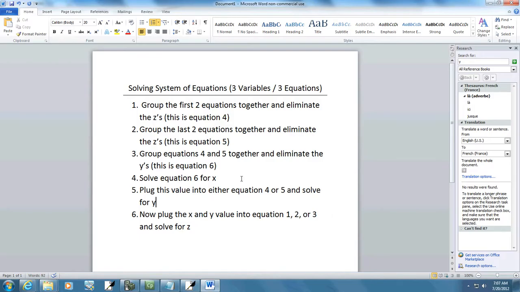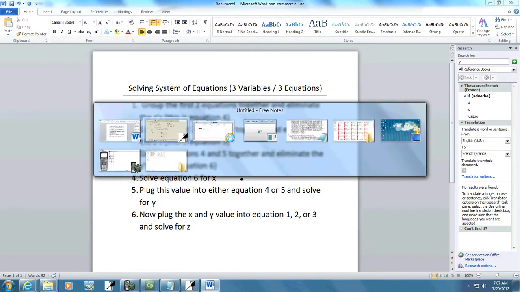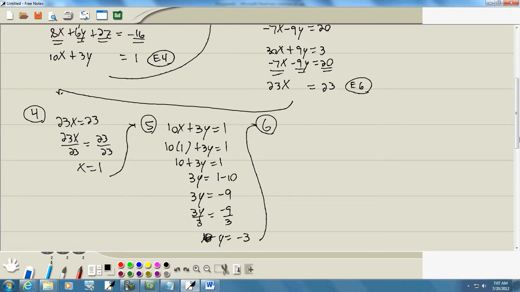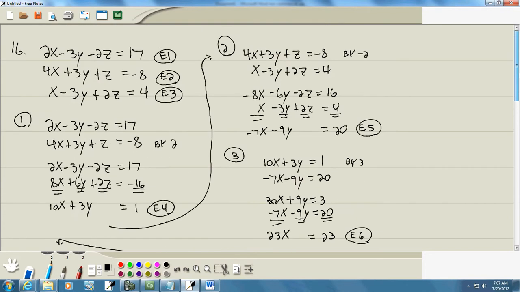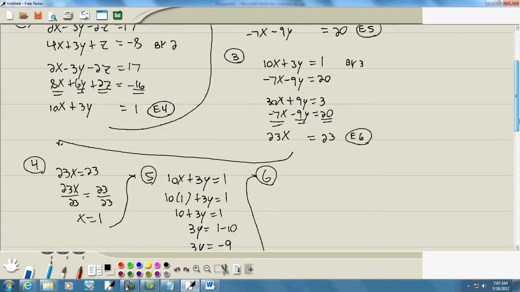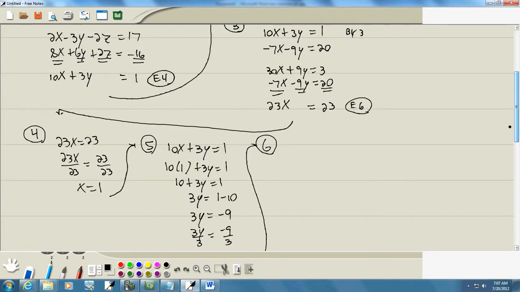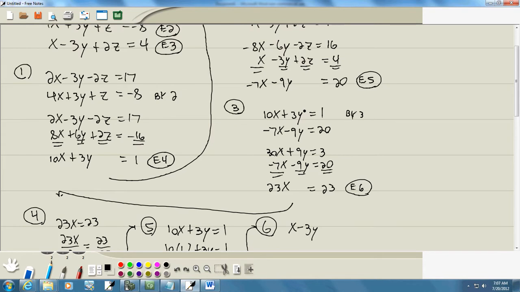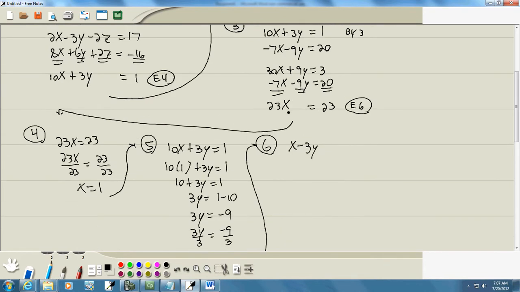Okay, last step. Now plug the x and y values into equation 1, 2, or 3 and solve for z. You plug it into whichever one looks easiest to you. If I scroll up here, the last one maybe looks a little easier. x minus 3y, I think it was plus 2z, plus 2z equals 4.